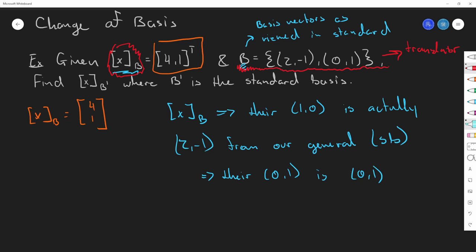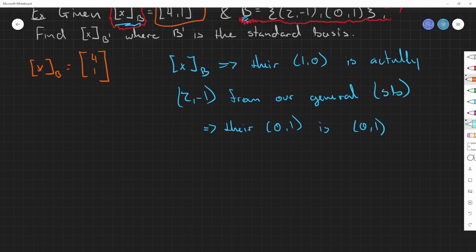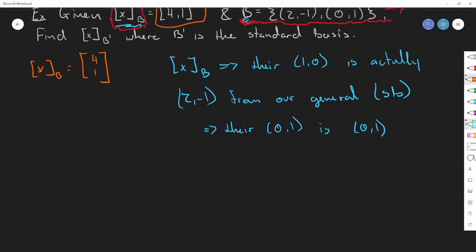And we can use this to find our x_B prime, which will be in the standard basis. Remember that x_B prime is equal to P times x_B, and this portion is our B.